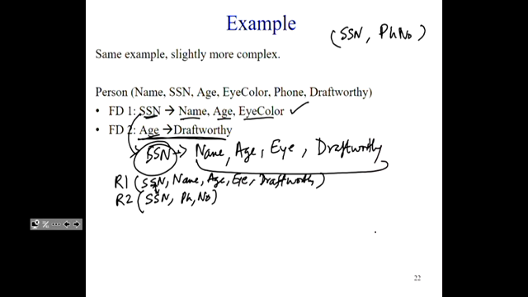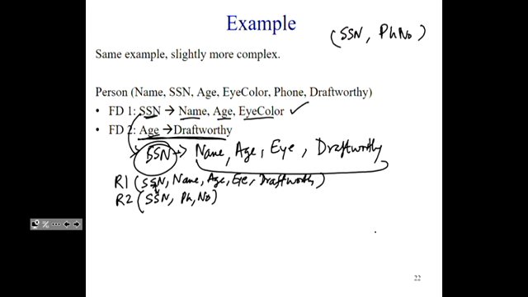Let's take relation 1 and check whether it is in violation of Boyce-Codd normal form via functional dependency 1. Is it in violation? No. And why is that?